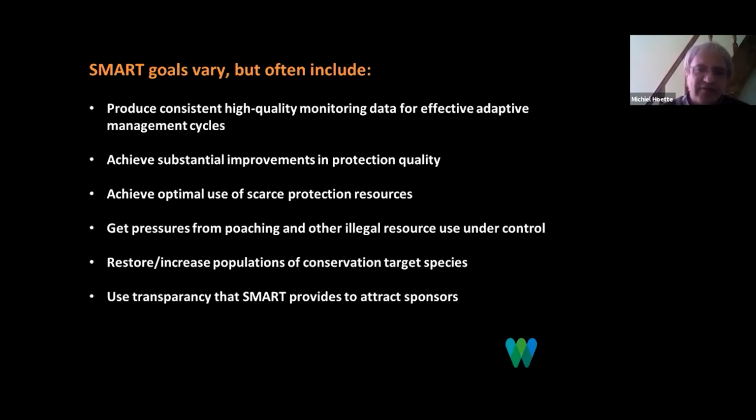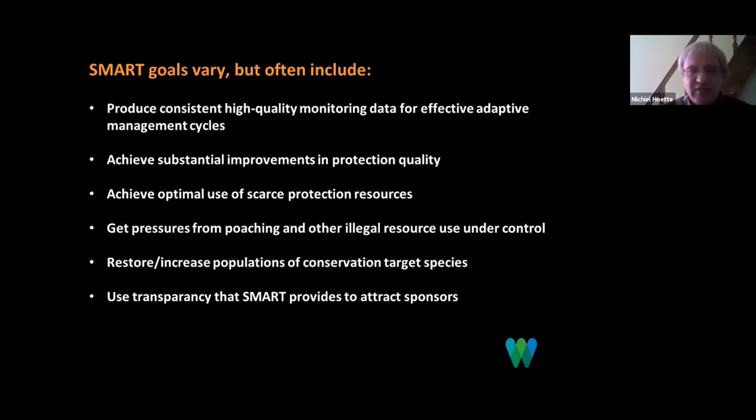With improving that management, you would like to eventually achieve a substantial improvement in the volume and the quality of your patrols. You want to achieve that the resources that are available to sites, which are always limited, are used efficiently, in an optimal way.